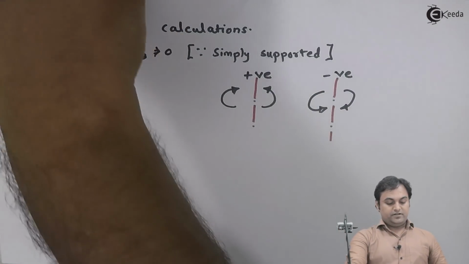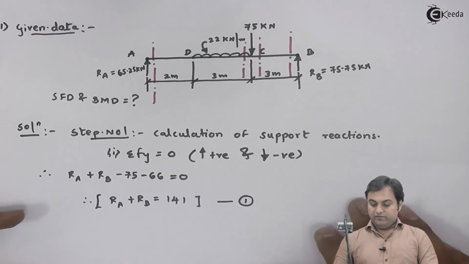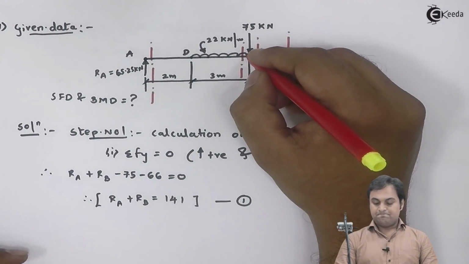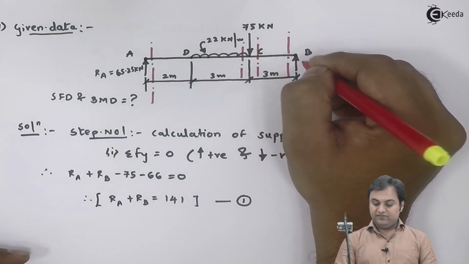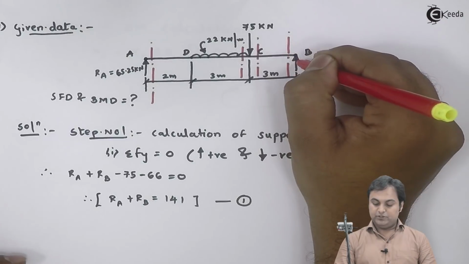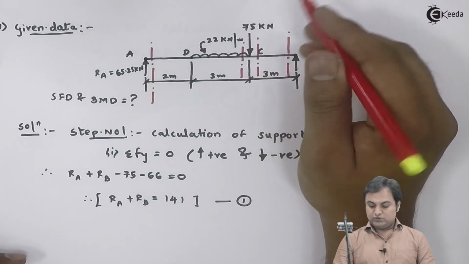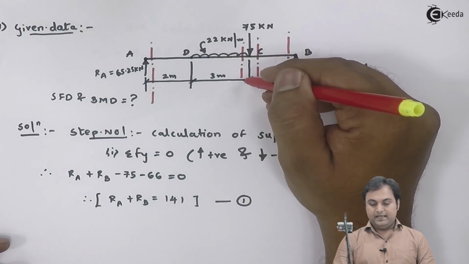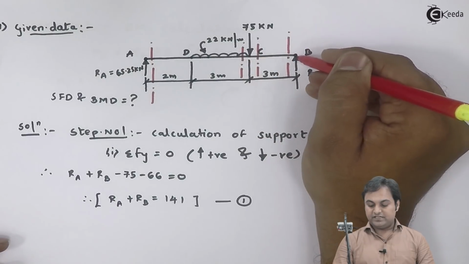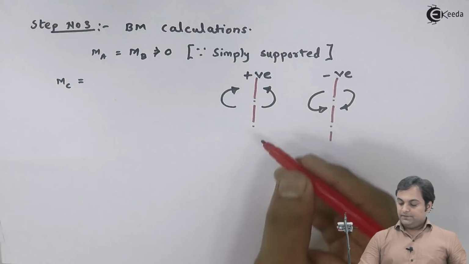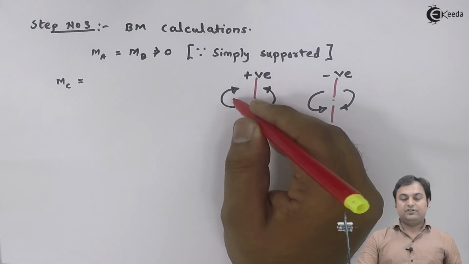So here if we see, when we are calculating moment at C, then to the right of C we just have RB, and this would be producing an anti-clockwise moment. So if I have a section and then to the right of section there is anti-clockwise moment, that has to be taken as positive.